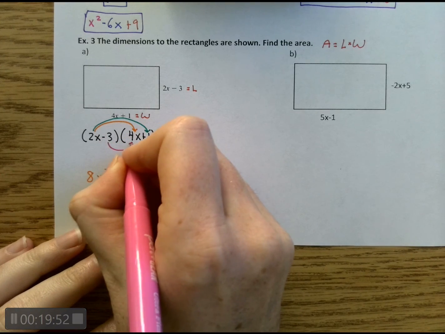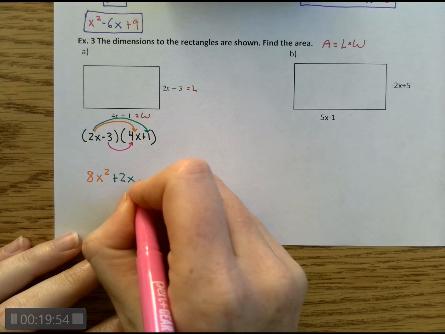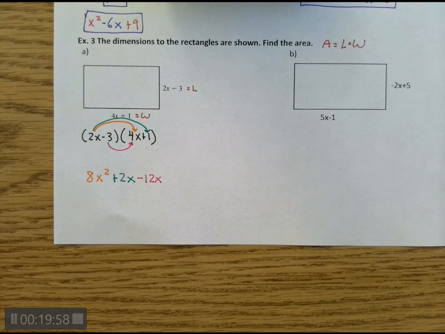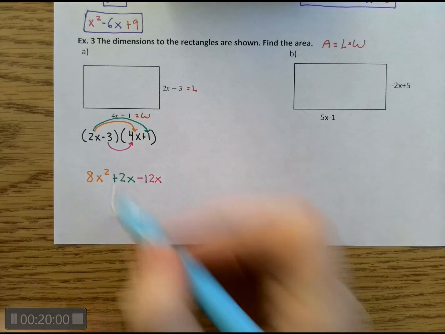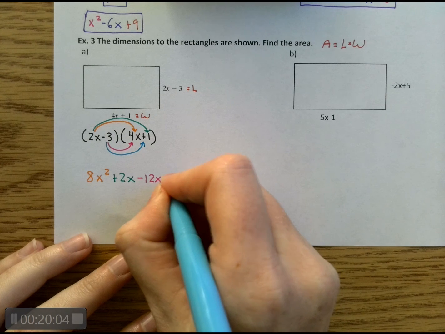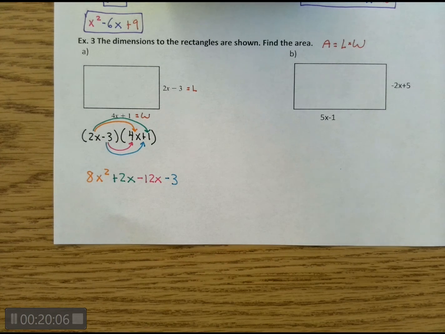Negative 3 times 4x give us negative 12x. And then negative 3 times 1 will leave us with negative 3.